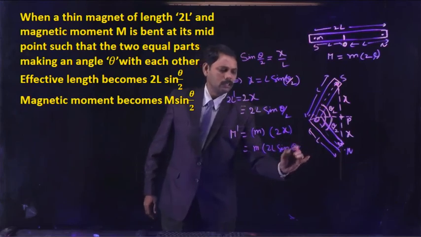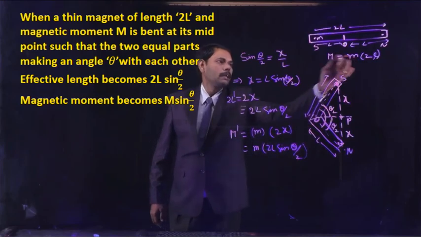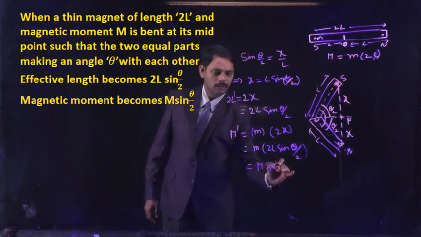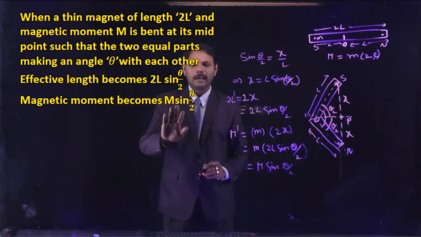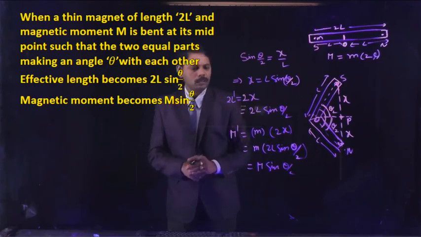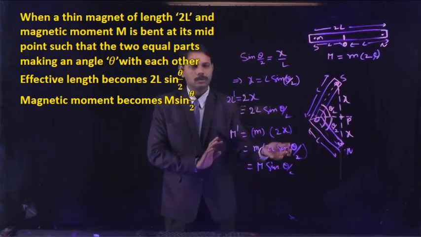We know that m into 2L is the actual magnetic moment. So m dash is equal to M sine theta by 2. Here we write the modified magnetic moment as M sine theta by 2 as well as the length as 2L sine theta by 2. We derived those two expressions.